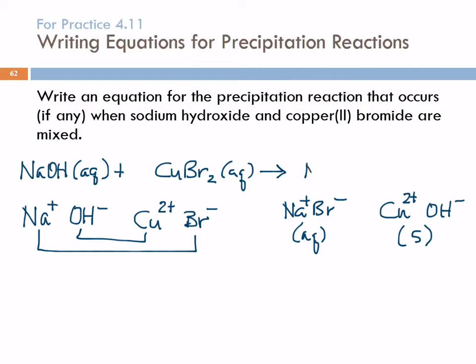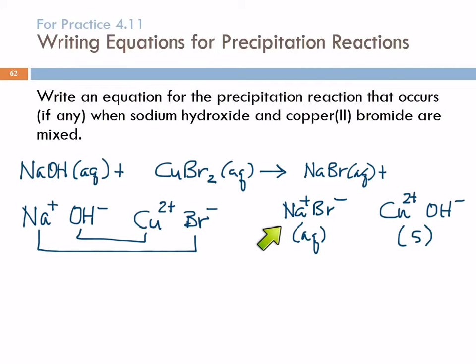Okay, so put them together, the sodium and the bromide, and that's aqueous. I'm writing this formula based on the relative charges. I've got 1 plus. Down here, this is not part of your answer, but this is part of showing your work. And I really think you should do this because otherwise you're going to make a lot of mistakes.